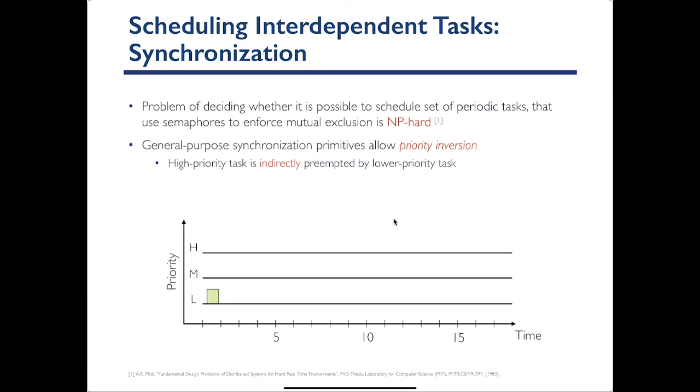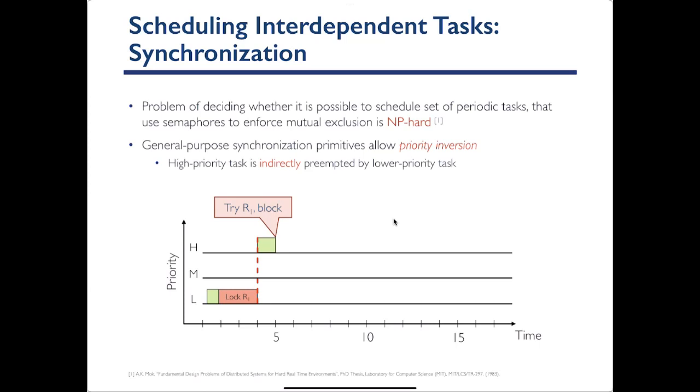Let's say you have a low priority task, a medium priority task, and a high priority task. Now let's say your low priority task acquires a lock. So let's say we're locking this mutex R1, and at some point a high priority task comes into your system and wants to acquire or lock the same mutex.